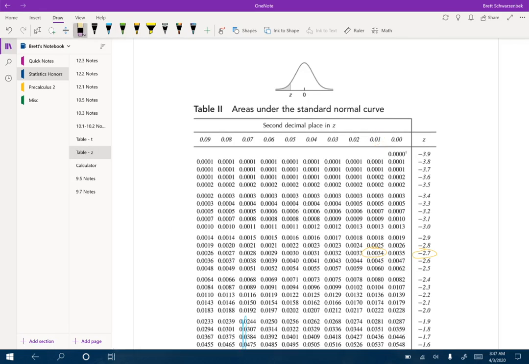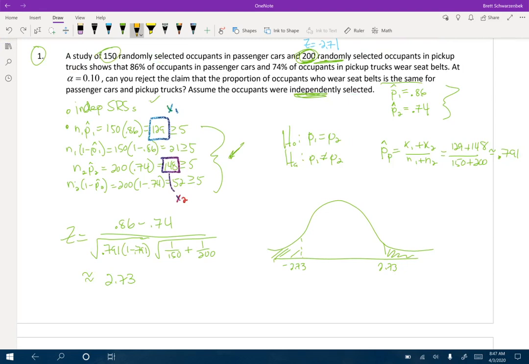So you could just go, okay, 2.73, which is here and here, which means if we go in, we get 0.0032 right away, which means we know both of these are 0.0032. So the p-value is equal to 2 times 0.0032, or the sum of them, and we get 0.0064.